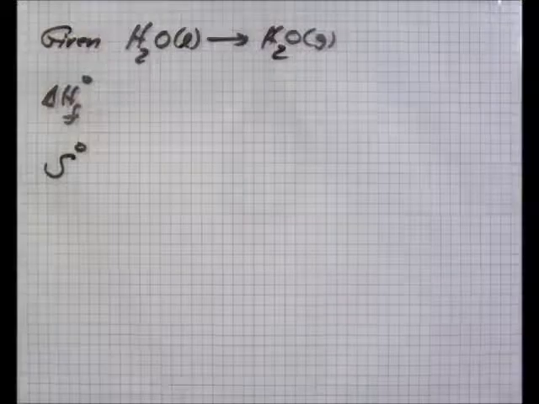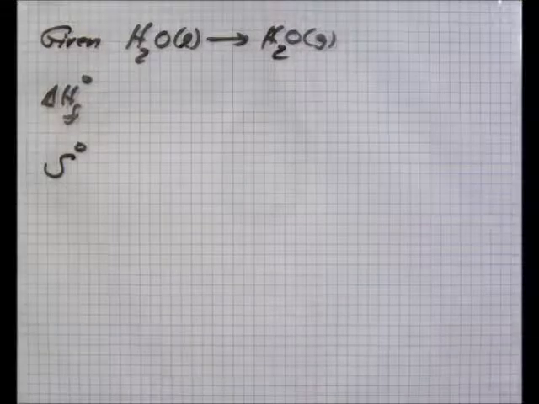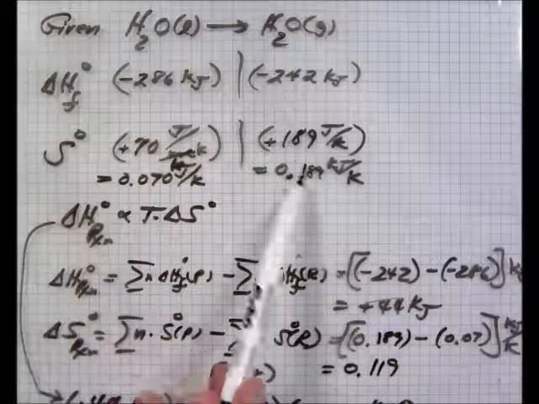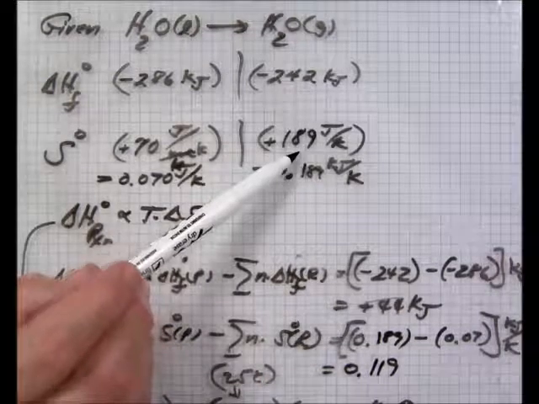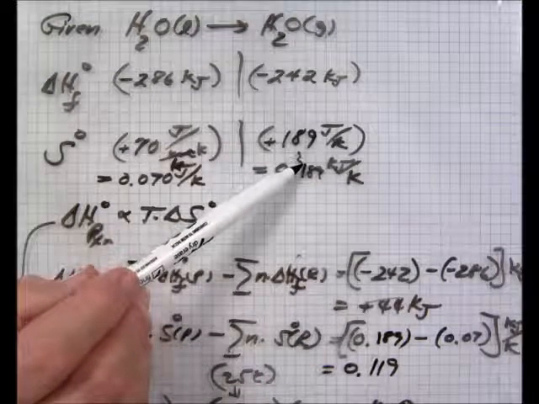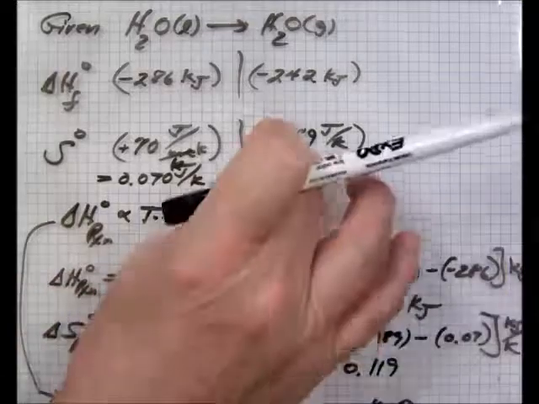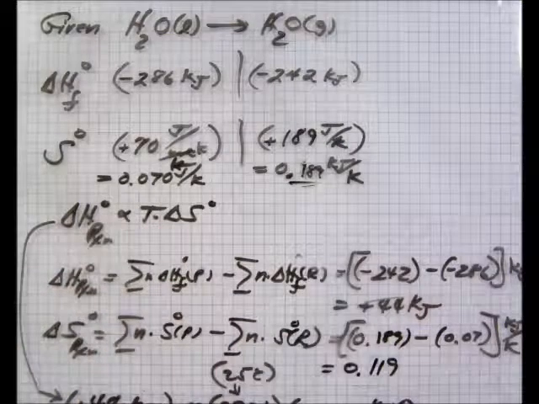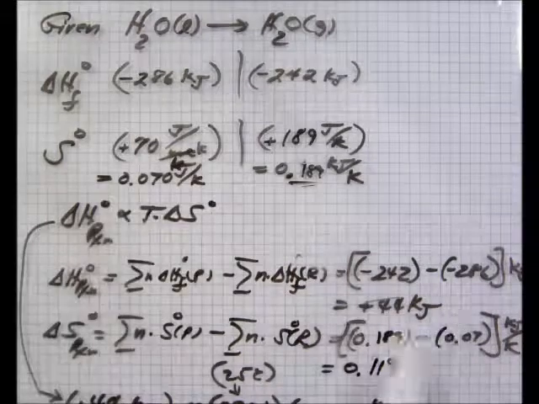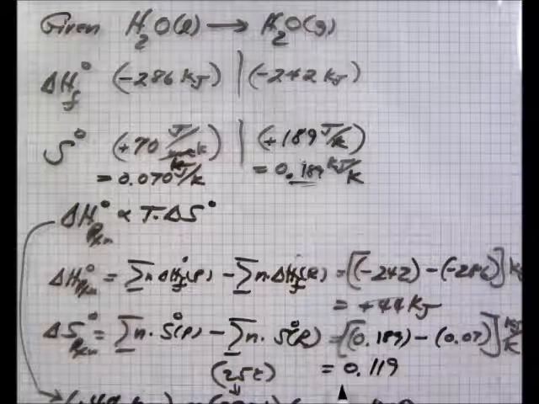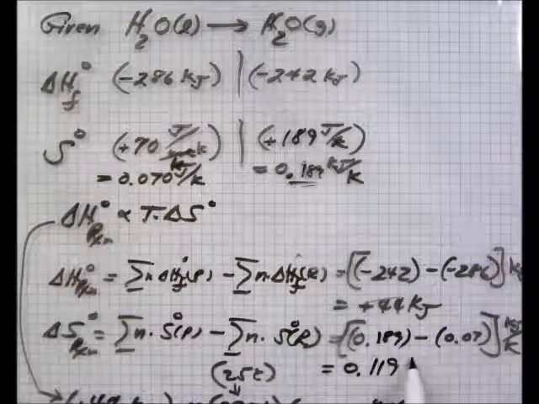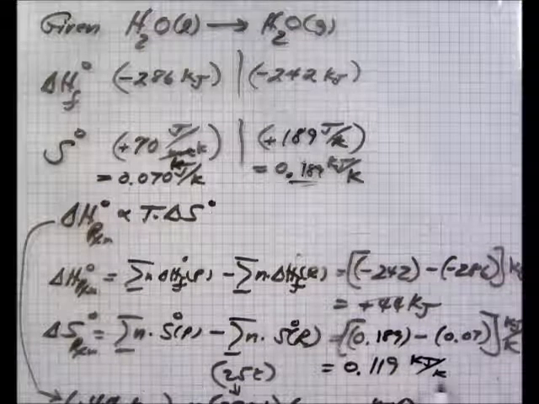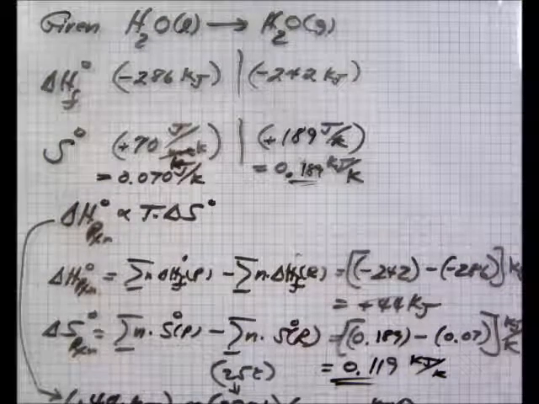Now, we want to calculate whether or not this reaction is spontaneous. The entropy number right here is supposed to be 189 joules per Kelvin, which is 0.189 kilojoules per Kelvin. When you plug that one in down here, you get 0.119 kilojoules per Kelvin.